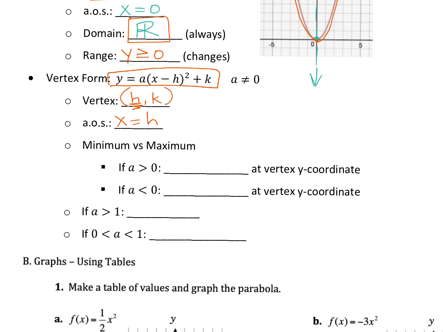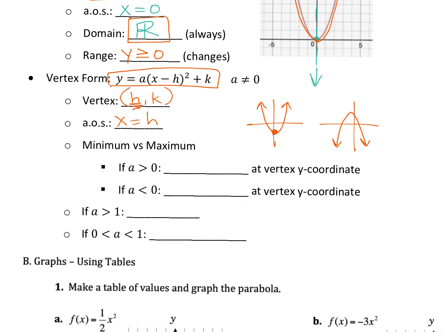Okay, so with this, you will either have what's called a minimum or a maximum. And let me show you what this looks like. Two different graphs. You could have something that looks like this, or you can have something that looks like this. This is called a minimum, okay? Because it's the low point of your graph.